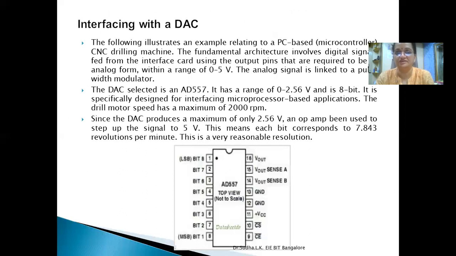For this particular case, for interfacing microcontrollers with actuators, we are going for the AD557. It has a maximum of 2.56 volts, and it is going to generate 2000 RPM. It is of 8-bit. So these are the set of specifications corresponding to the AD557.